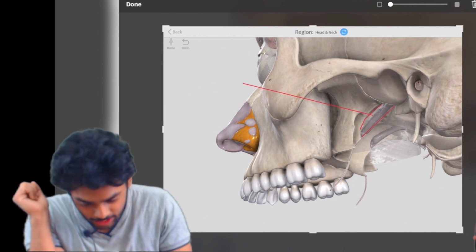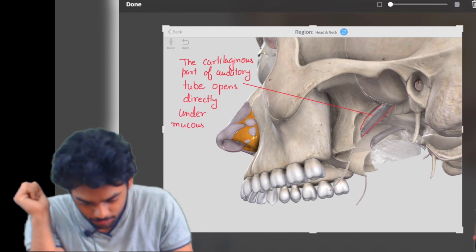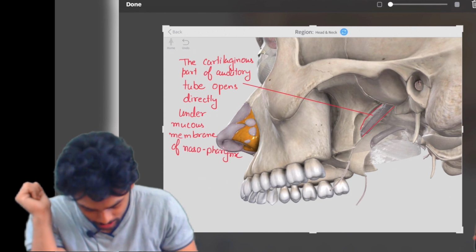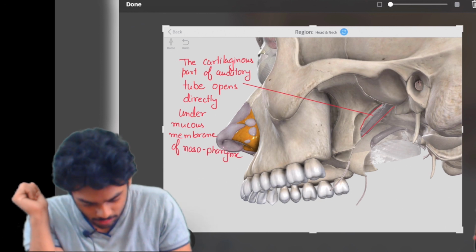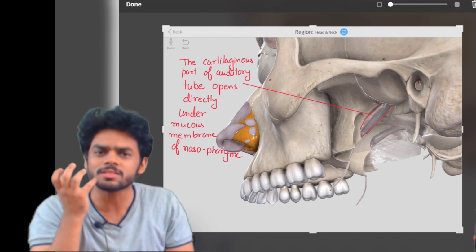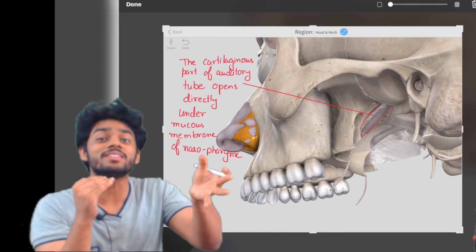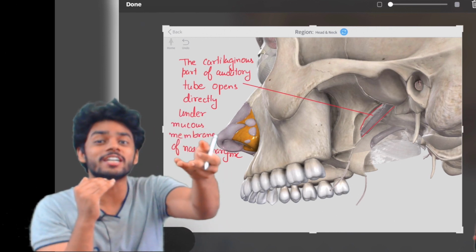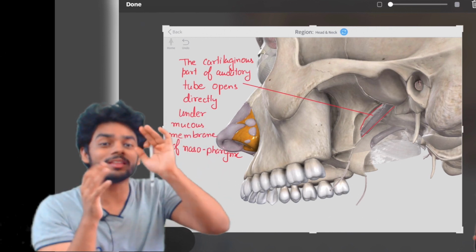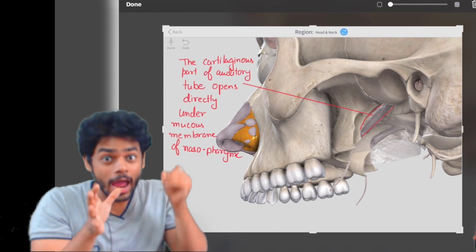This is the cartilaginous part of the auditory tube, which opens directly under the mucous membrane of the nasopharynx. Where is your nasopharynx? Inside the pharynx, the upper part of the pharynx, which is related to the nasal cavity. Nasal cavity is present in the anterior direction, and posterior to that in the pharynx you have the nasopharynx.